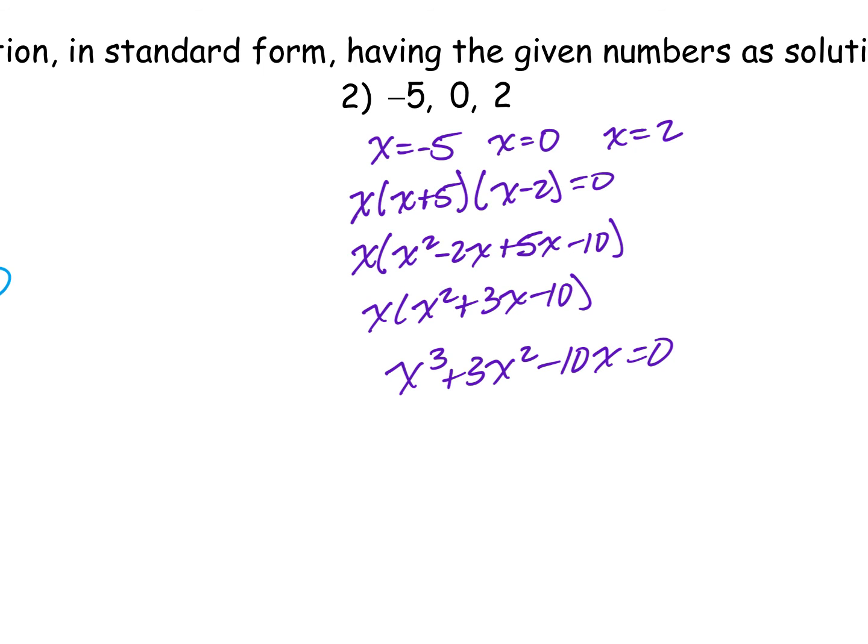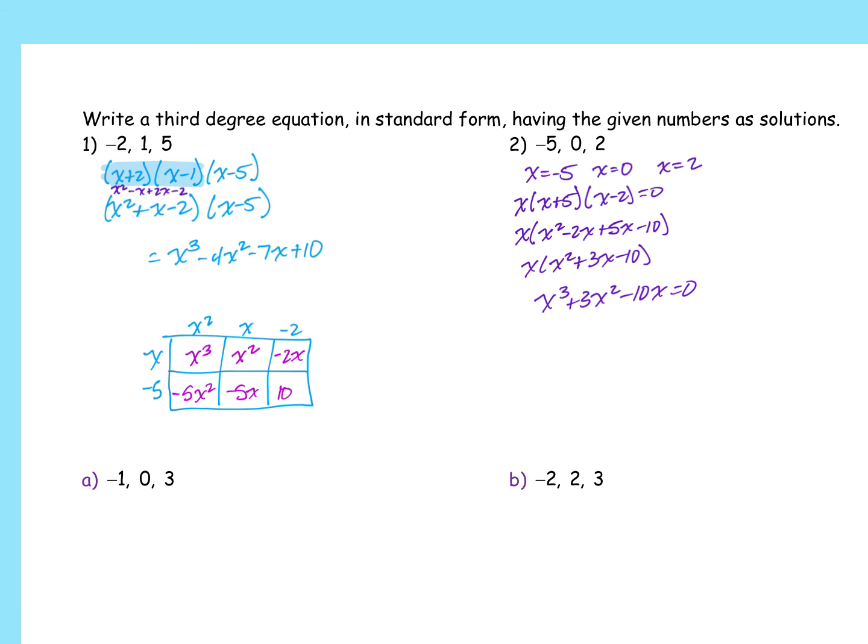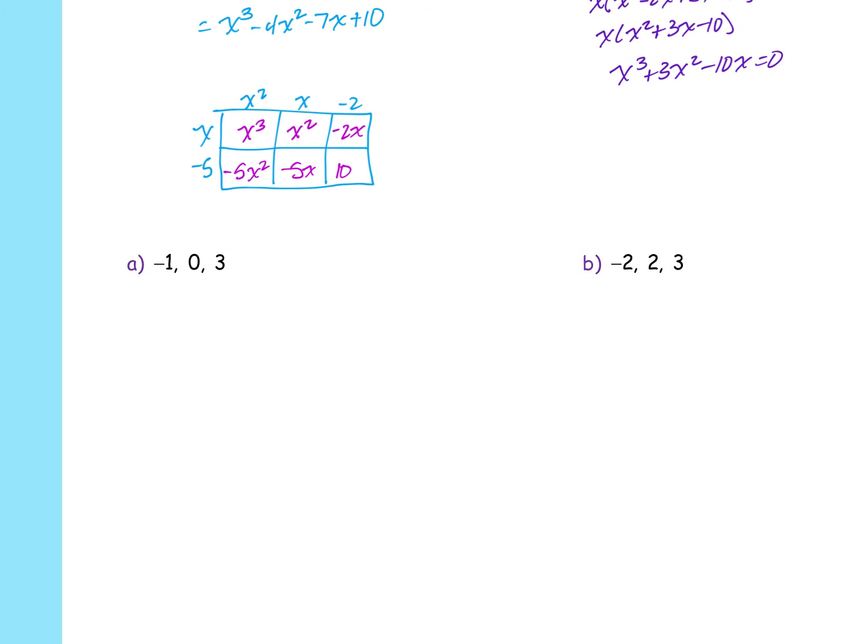Done. Okay, questions? So we're doing what we just did before, only it has 3 terms instead of 2. Okay. So the answers for these two are x cubed minus 2x squared minus 3x and x cubed minus 3x squared minus 4x plus 12. Okay?